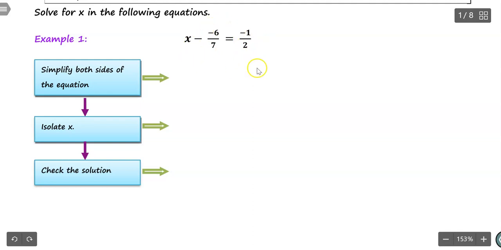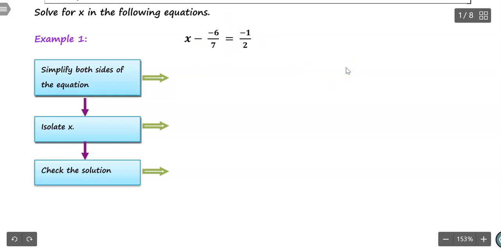I strongly believe that we should leave everything in fractions to work with, and I don't recommend that you convert this into decimals and go from there, because if the problem is given to us as fractions, in the end we should have a fraction as the answer. And if we have to check the solution to see if both sides of the equation are the same, then we should work with the fractions. In this case, it's called the exact solution.